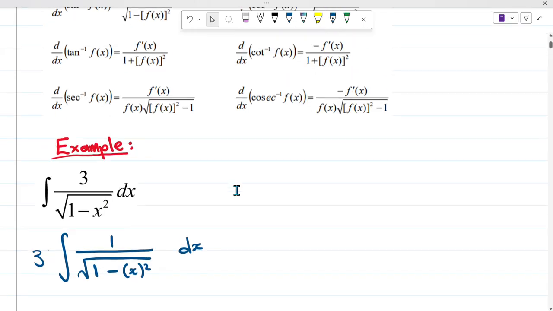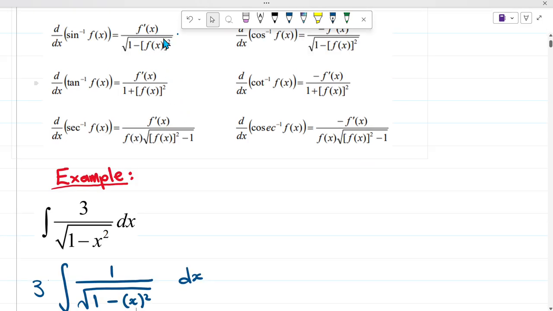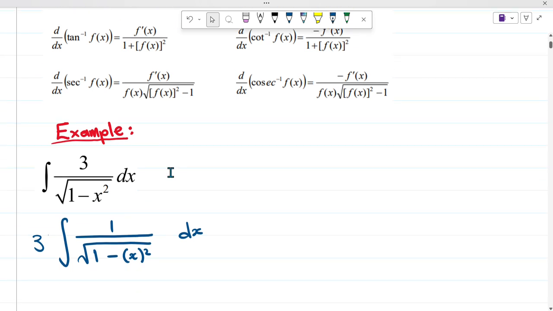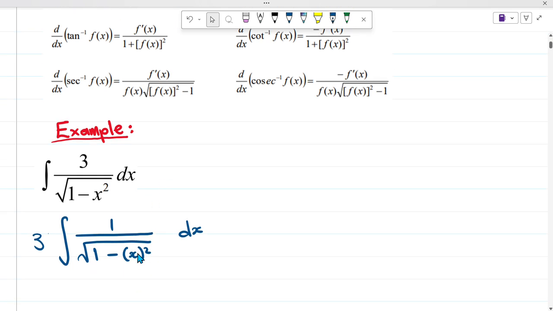Look at this shape. This formula says that we should have f of x, and the derivative f prime of x on our numerator. So in this case, if we let x be f of x, then this has to be the derivative of it.